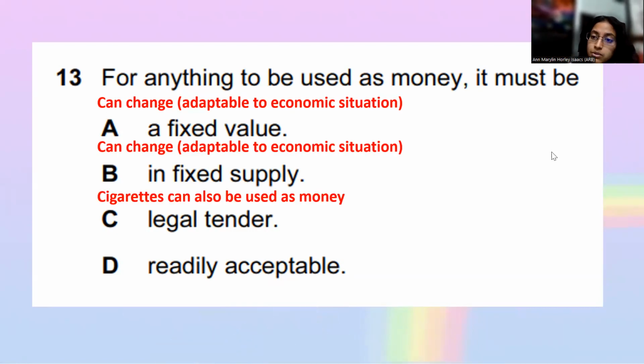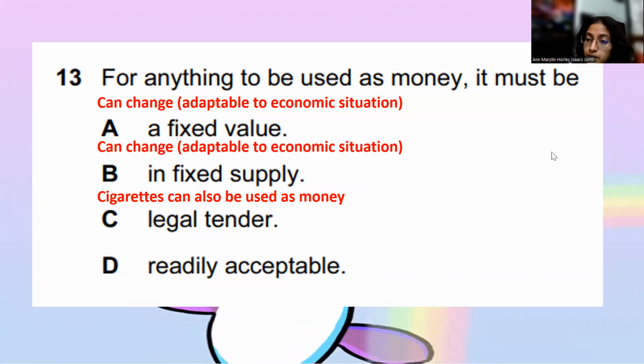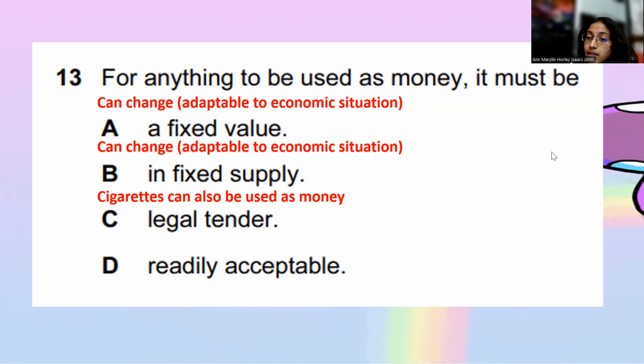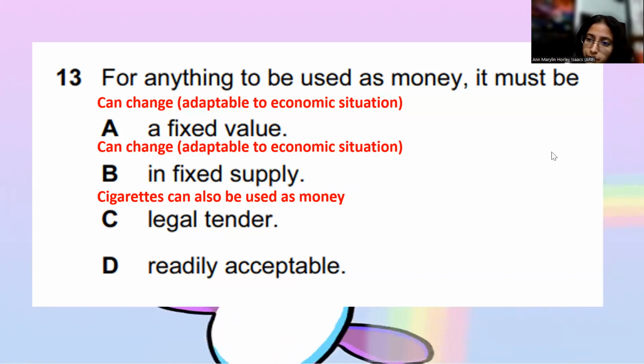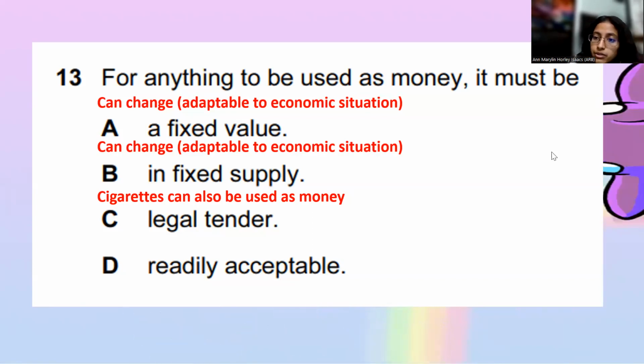And bear in mind also that at certain points of time in history, we have had situations where money is no longer money, right? And this happens in very, very dire situations. So for example, in World War I, okay, where money ceased to have value, cigarettes were traded among soldiers. Okay, there was no business for money at that point of time. You're in a war. Okay, so there's no banks for you to go and withdraw.